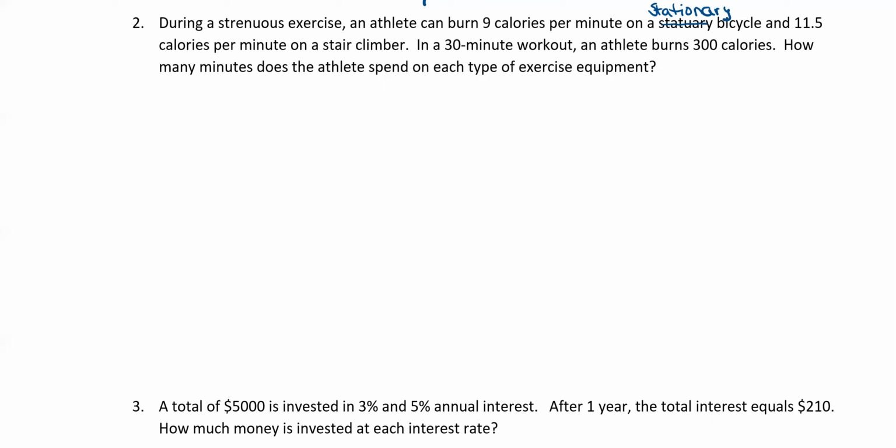All right, so the question is, how many minutes does the athlete spend on each type of equipment? So that's going to give you a hint on what your variables will be. We can let X represent the time on the bike.